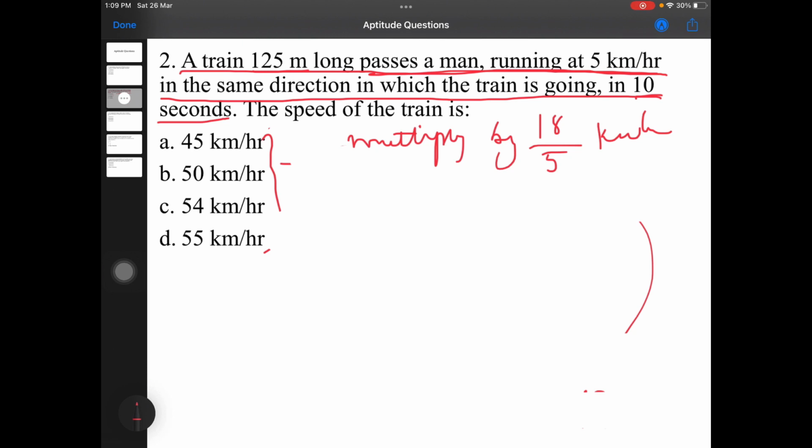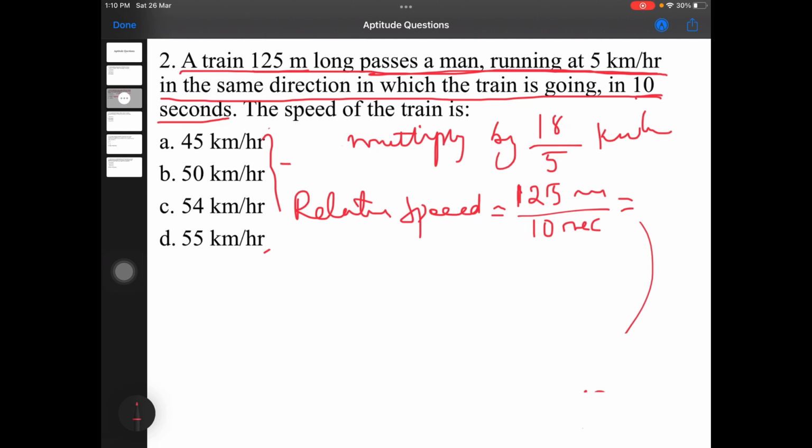So here the relative speed came into picture, the relative speed of the train. We know speed is distance by time. So distance we can take, it's the length of the train, 125 meter, and time is given as 10 seconds.